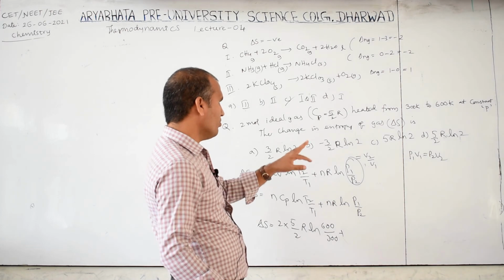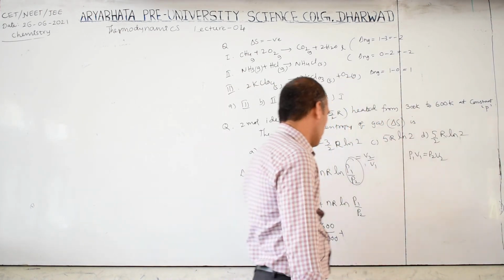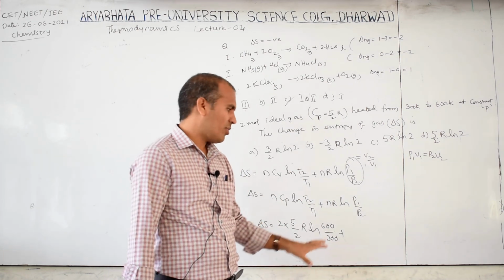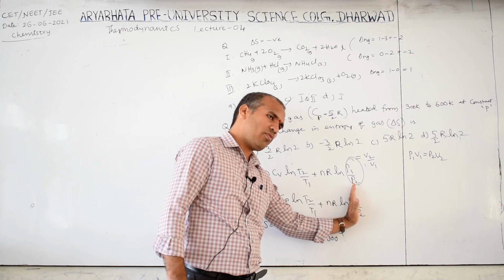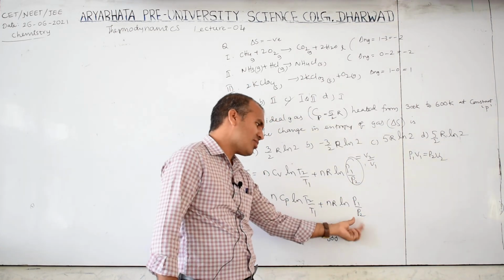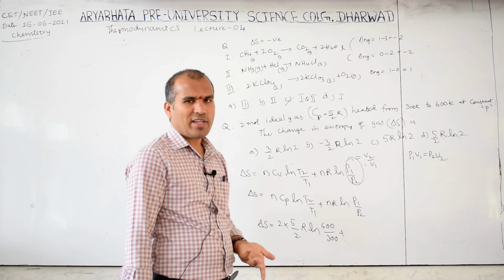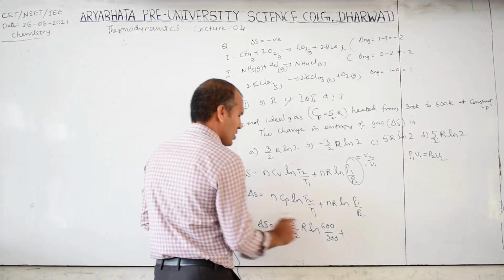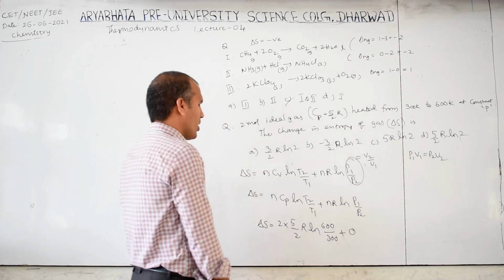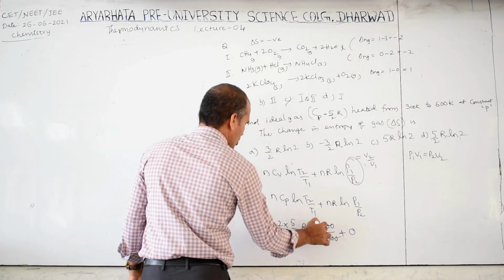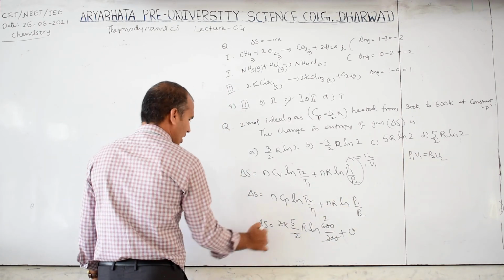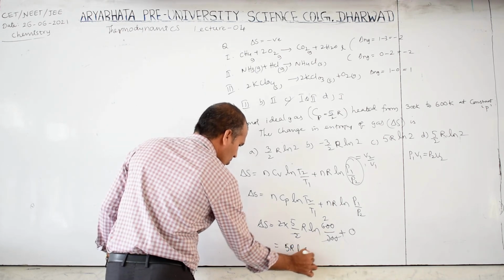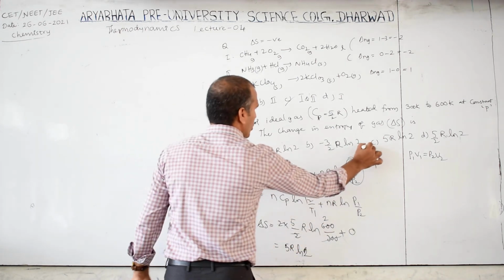Keep in mind at constant pressure, P2 minus P1 is equal to 0, then both values same, so we will get 1. If it is some 5, this is also 5, cancel. Pressure is constant, so we get ln 1, which is 0, and 0 into something is 0. Therefore this is 0. Okay. Then this is 2, this 2 cancels. Then what is that? 5R ln 2. Like this, C option is there.